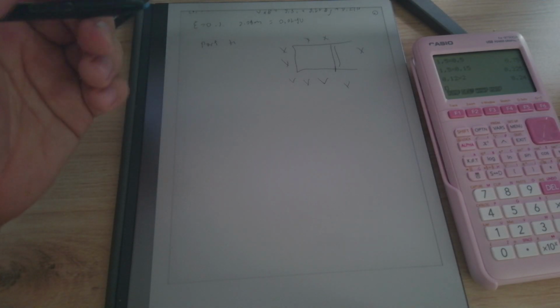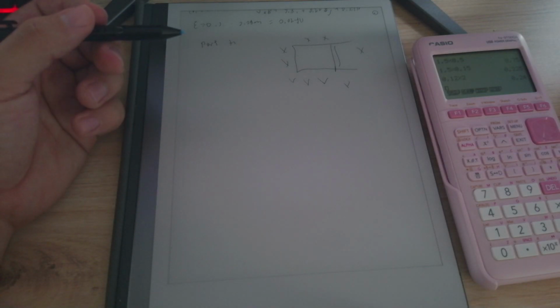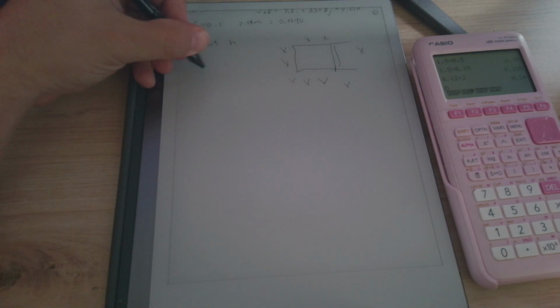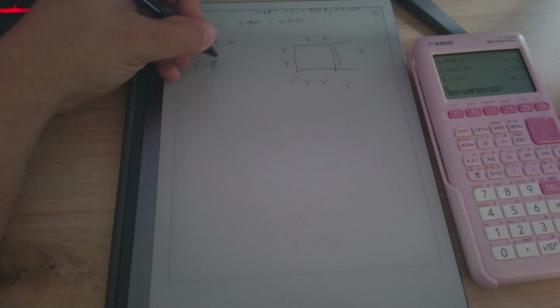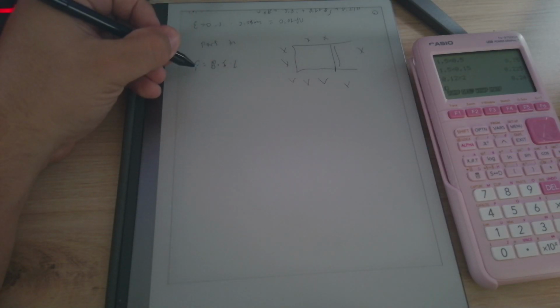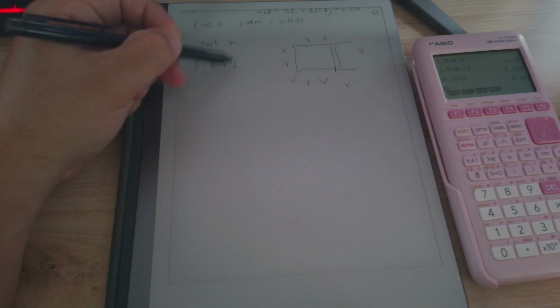Now this time we're given both newtons and ohms. To figure this out, we know that force is equal to the field times the current times the length. If we're given newtons, we know what force is, we know what the Tesla is, and we know what the length is.